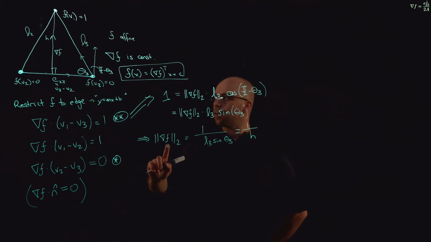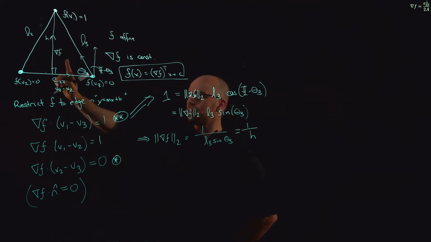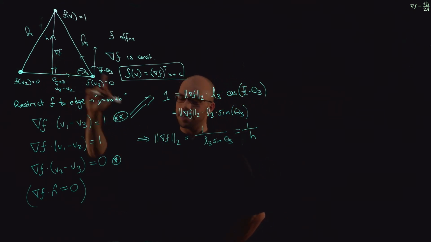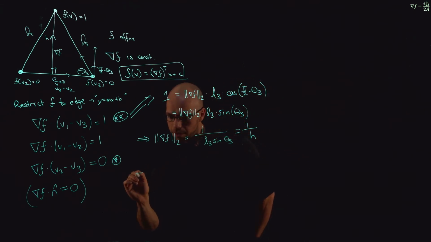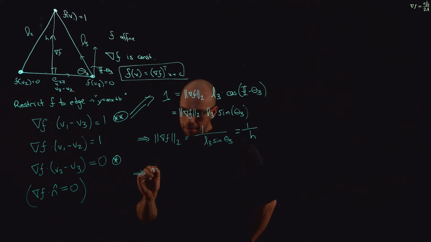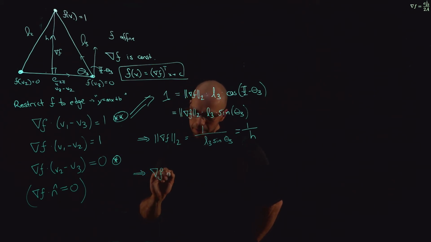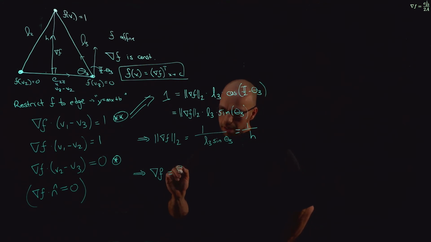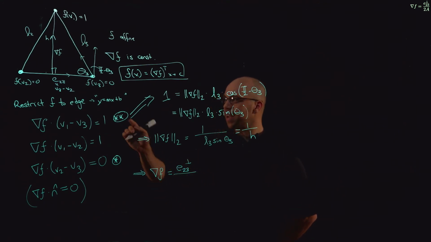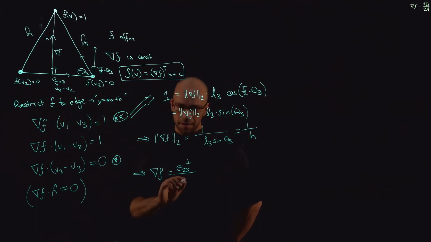Okay, well we have the norm and we have the direction, which is just E2,3 rotated counterclockwise by 90 degrees. We'll call that E2,3 perp. Okay, so what do we know? Well, we know that the gradient of f is equal to E2,3 perp divided by its length, right?